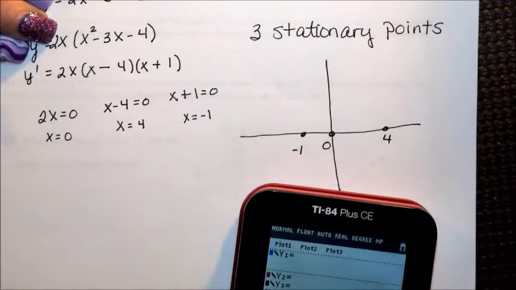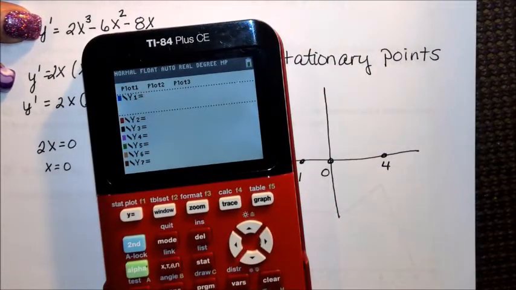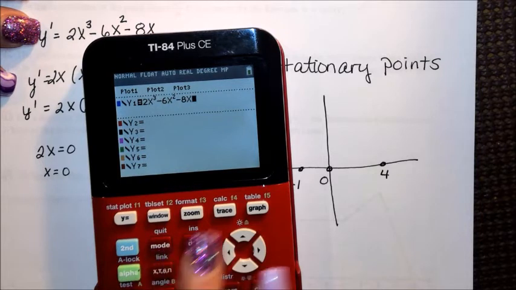Let me graph the derivative, because I feel like that's actually easier to do. 2x to the third minus 6x squared minus 8x. Okay, now I'm going to graph it.